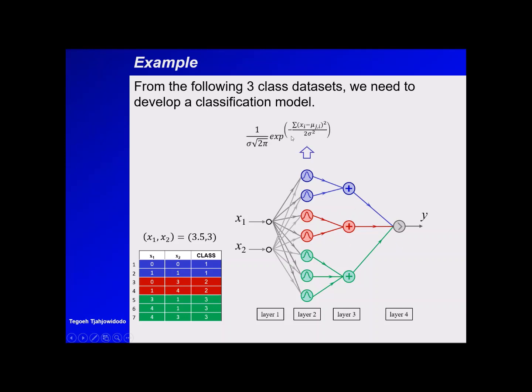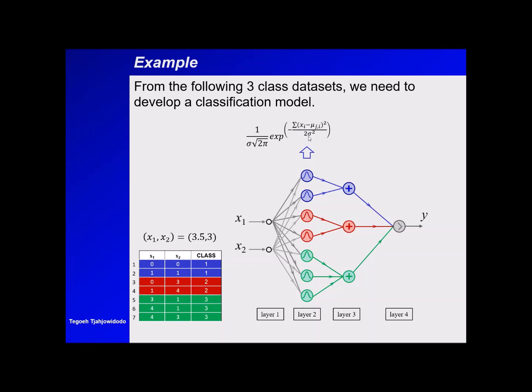So how do we calculate the joint PDF, the joint probability density function? The formula is the same as before, but you have to join these two probability density functions, because you have one probability density function from the first input and another PDF from the second input. You join them by summing in exponential form.